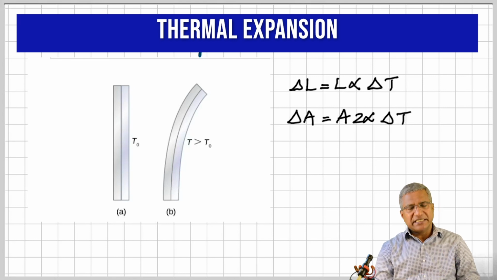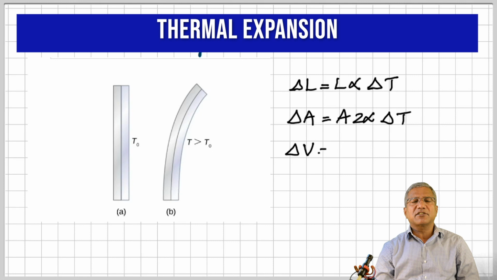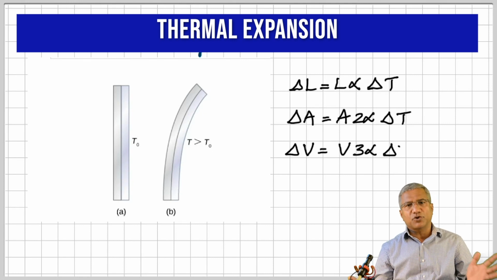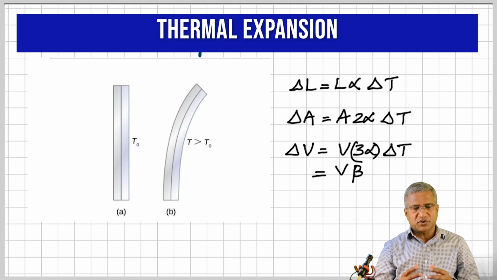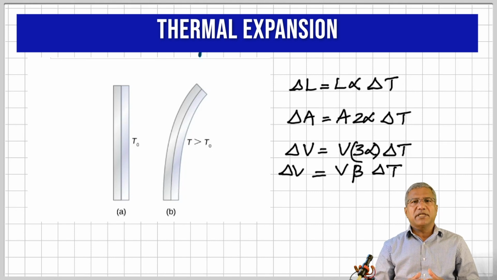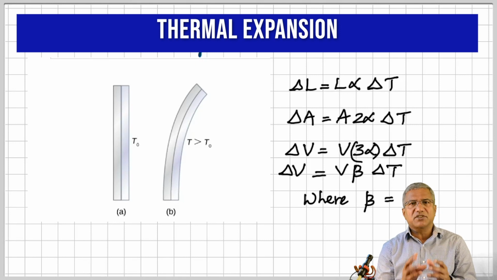Change in volume, exactly the same format, but instead of 2 alpha, now you'll have 3 alpha. So delta V, change in volume, is volume times 3 alpha times delta T. Sometimes this 3 alpha is called beta. 3 times alpha is beta, and beta is cubical expansivity or volume expansivity.